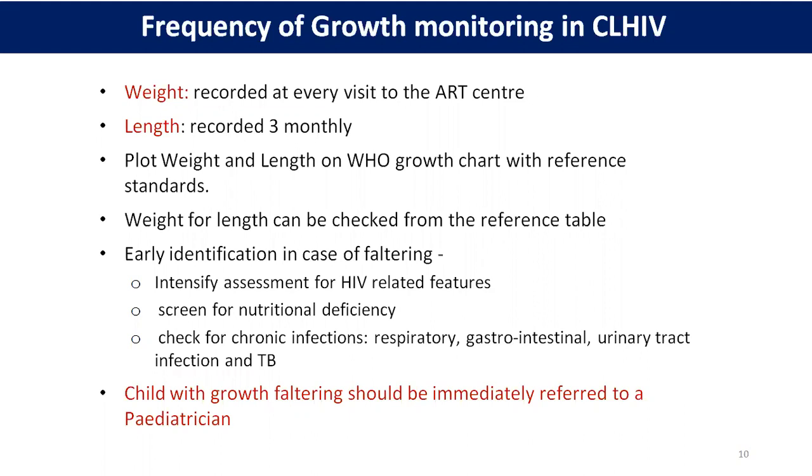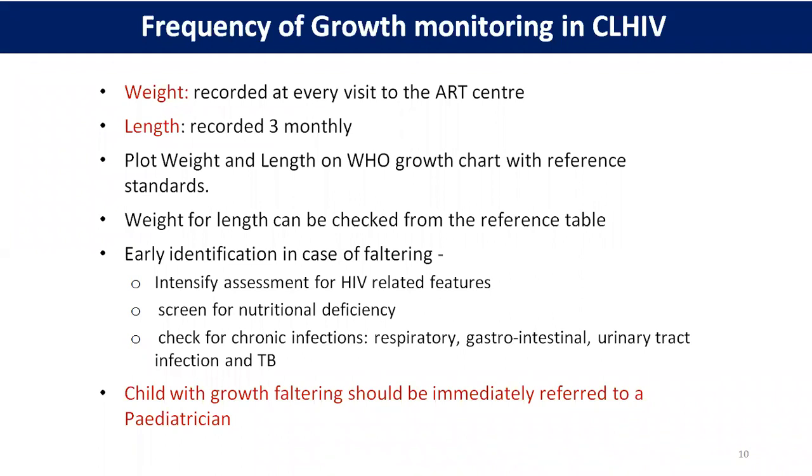Above 2 years, we say it is height. With babies less than 2 years, we take the length on an infantometer. If the baby is more than 2 years, you can measure by stadiometer if you have one in your center. If you don't have a stadiometer, then use a measuring tape. You can hang it from a straight board and measure the height. And then it's very important.